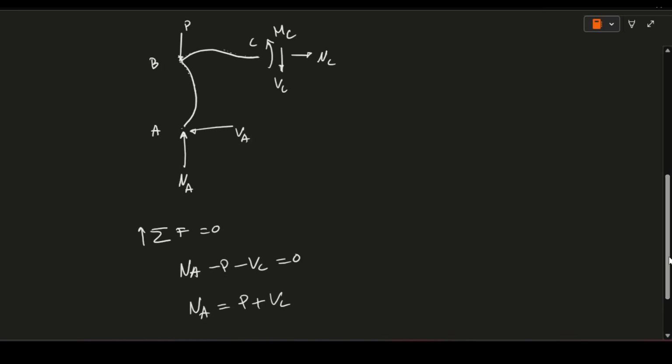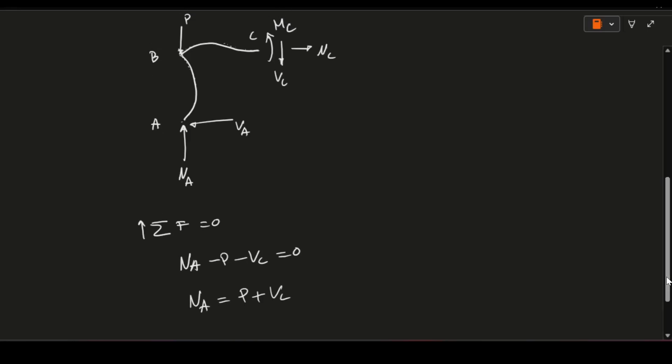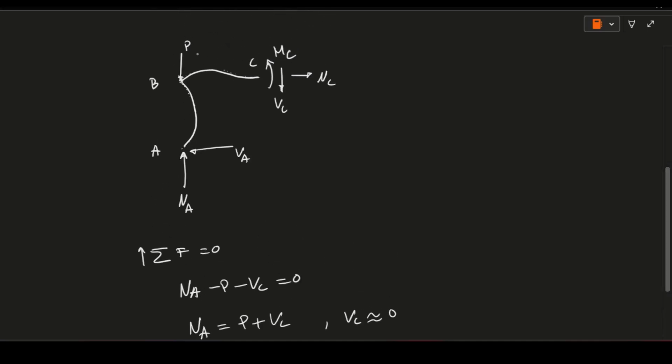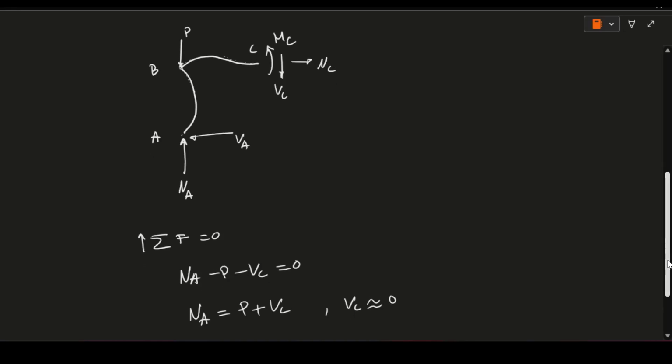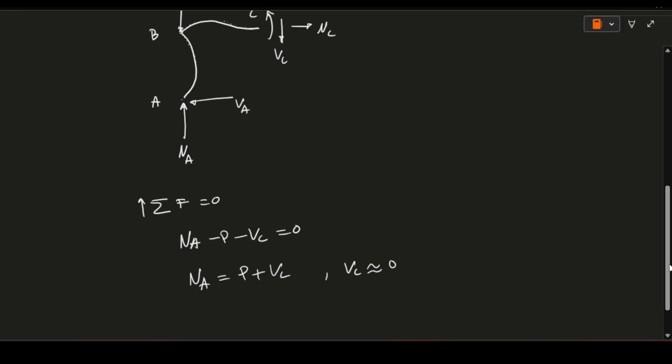Now, here we can do a little trick. We know that there is no shortening in the member AB. So we can assume that VC is approximately 0, just because the load P is so much bigger than VC. So VC will not contribute that much in the overall picture of the member AB.